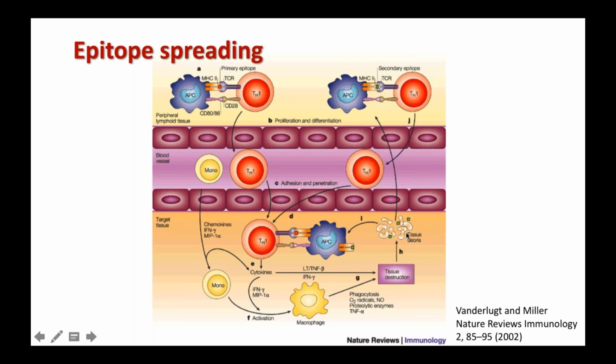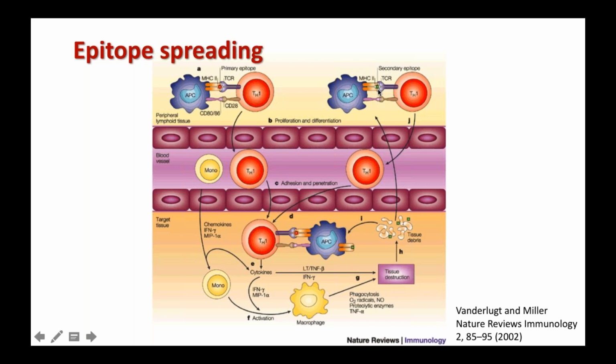And so once the debris is there, then a lot of antigenic epitopes, which were so far hidden, actually get exposed. And then new antibody starts developing against these epitopes. And this is the phenomenon which is called epitope spreading. So you have now a secondary epitope, which also gives rise to antibody formation.